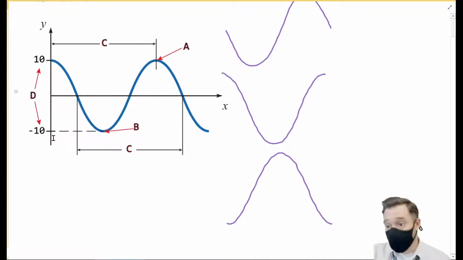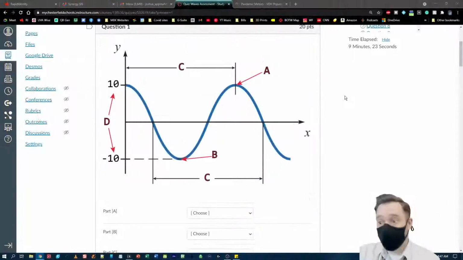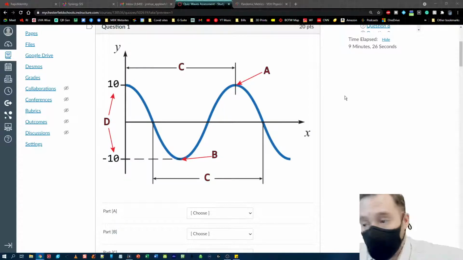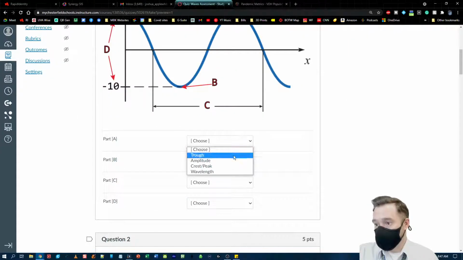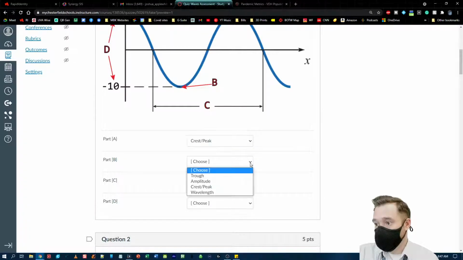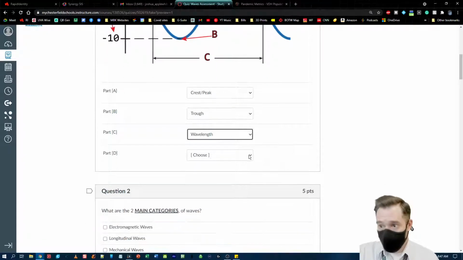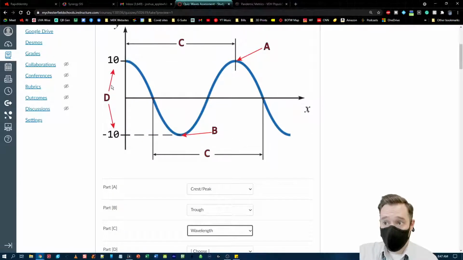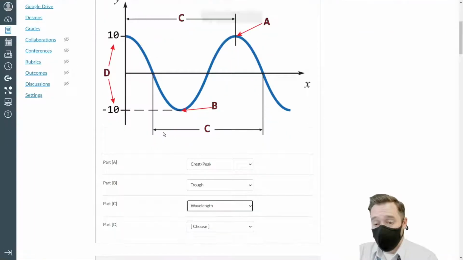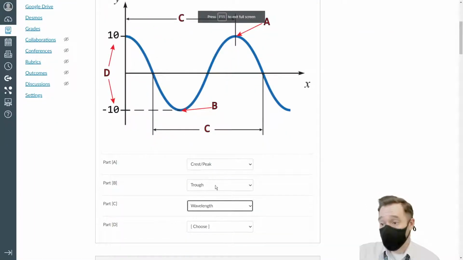Okay, so letter C is going to be wavelength. So if I switch over here, this one should be crest slash peak. This one is going to be the trough. Letter C is going to be the wavelength, which means part D, that's pointing to either the positive 10 or the negative 10. So that means that this is going to be the amplitude.